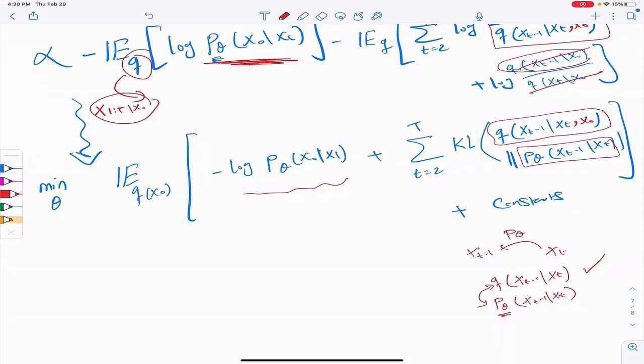Do we get that in our objective? So we get KL, that's good, a loss, a distance. We get the distance between two distributions, Q xt minus 1 given xt, and P theta xt minus 1 given xt, exactly what we had an intuition initially, but we have a separate term here.